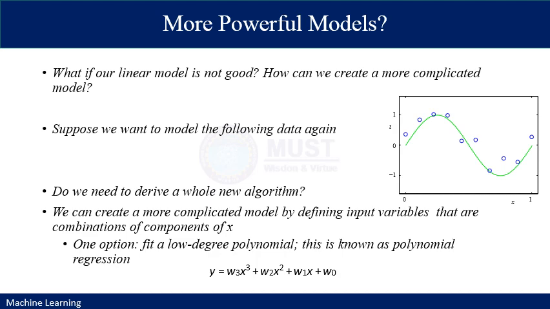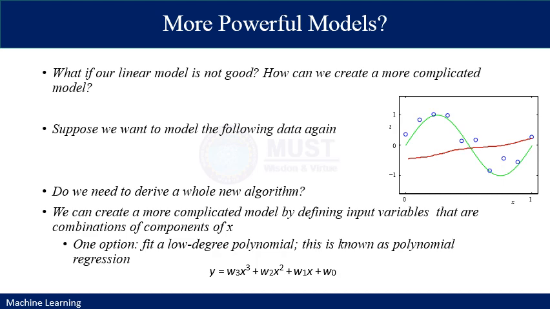For example, we take the same case and we are unable to capture the green line. Our model predicted this line and it has a significantly greater amount of residual error, or cost estimation. So you would like to have a more robust or more powerful model.